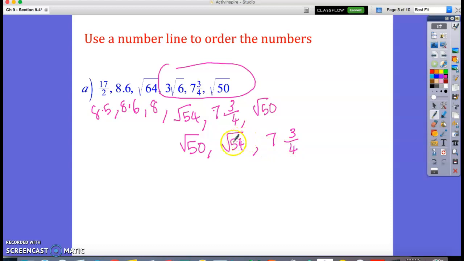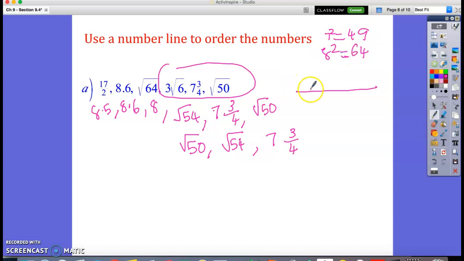So 54 is what? 3, 6. Now, if you look at the number line, what are the perfect squares closer to 54? So 7 squared is 49 and 8 squared is 64, right?